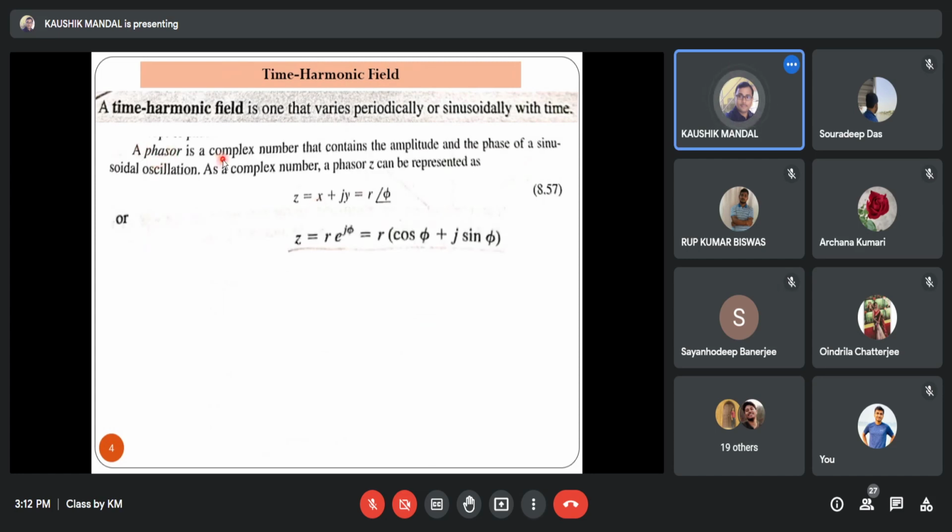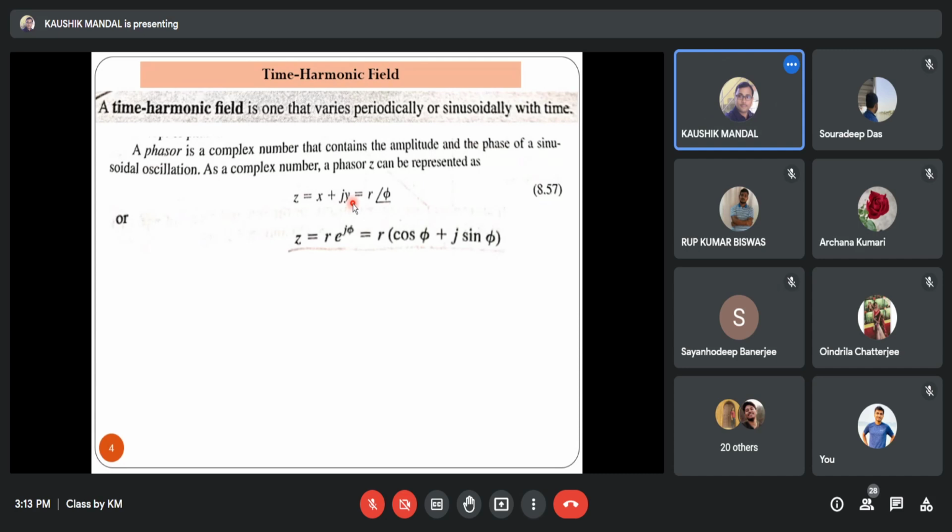The next point is how we can represent the phasor, or what we mean by phasor. A phasor is nothing but a complex number that consists of the amplitude and phase of the sinusoidal signal or sinusoidal oscillation. And as you know, how can we represent a complex number? Simply z equal to x plus jy.